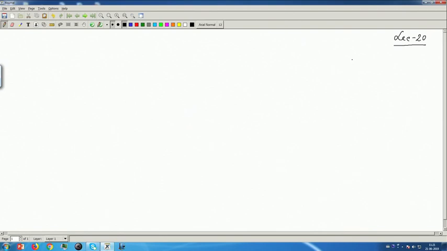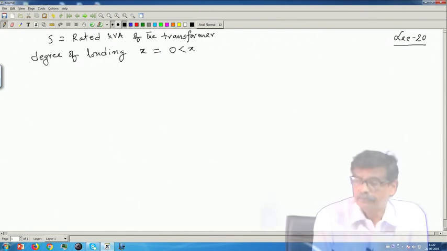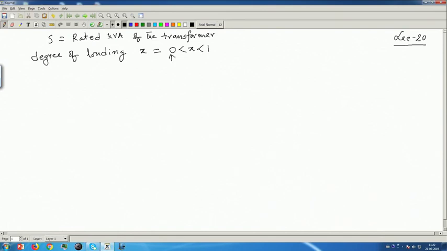And as you know, we were discussing how to estimate the efficiency of a transformer. You recall that I assumed S to be the rated kVA of the transformer, and then I defined a degree of loading factor, represented by x, whose value will normally be between 0 and 1. 0 corresponds to no load and 1 corresponds to rated condition.